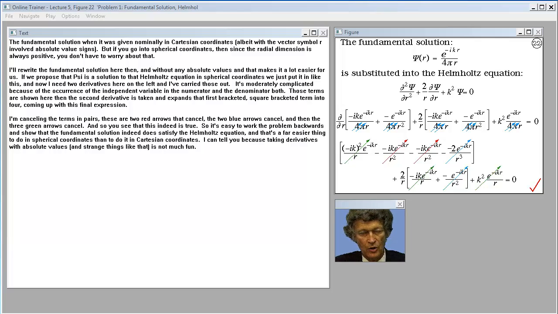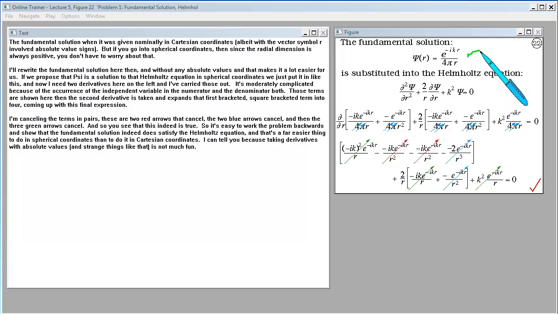The fundamental solution, when it was given nominally in Cartesian coordinates, albeit with a vector symbol r, involved absolute value signs. But if you go into spherical coordinates, then since the radial dimension is always positive, you don't have to worry about that. I'll rewrite the fundamental solution here, without any absolute values.